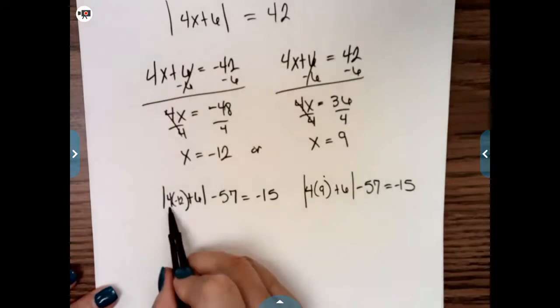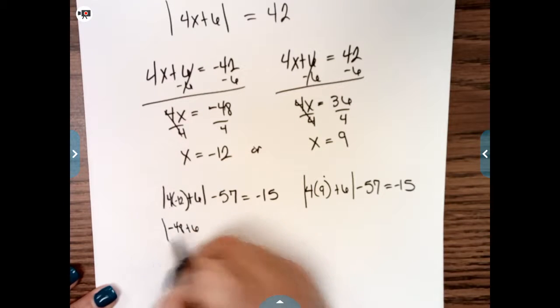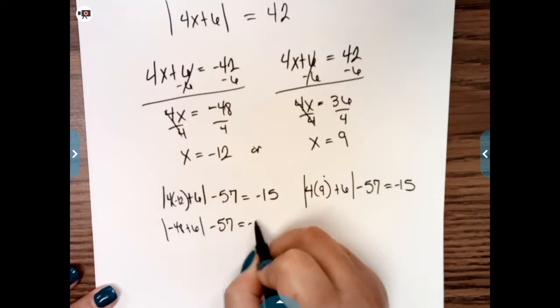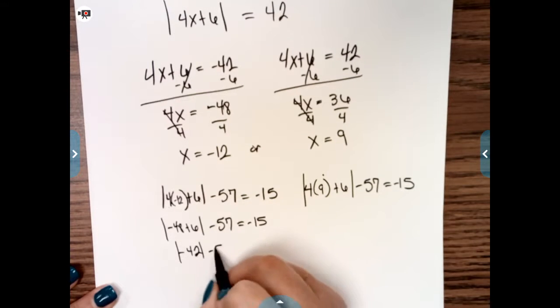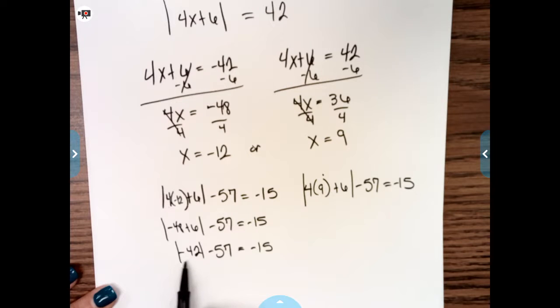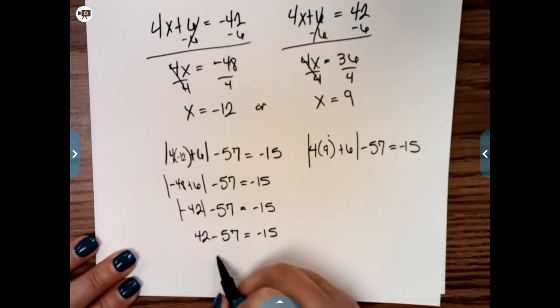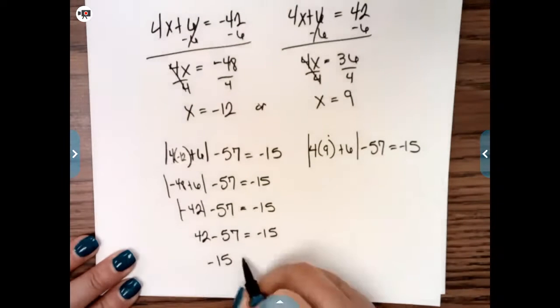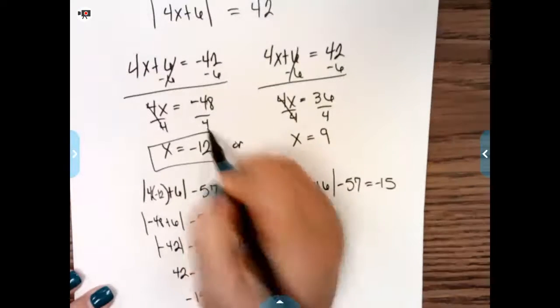So now we work it out. 4 times negative 12 is negative 48, plus 6 is negative 42. That's the absolute value of negative 42, so that's going to be just 42 minus 57. And 42 minus 57 is negative 15, sorry, because 57 was the bigger number. So negative 12 is a solution.